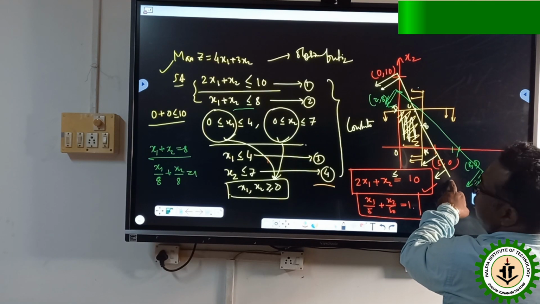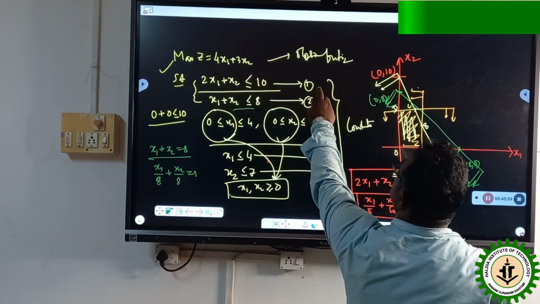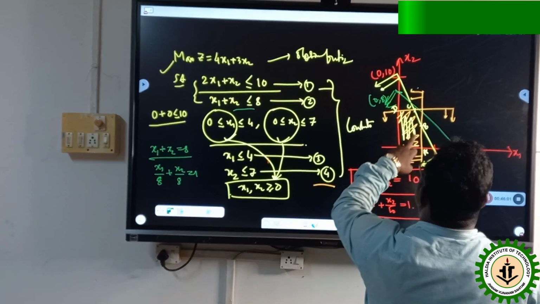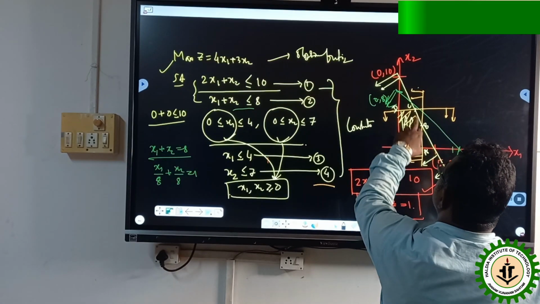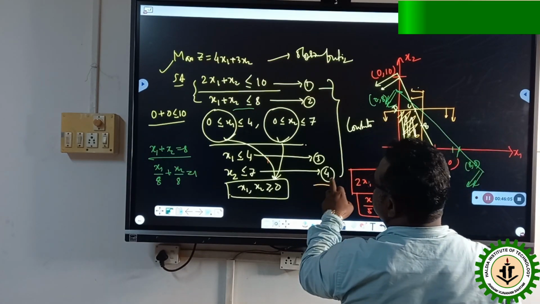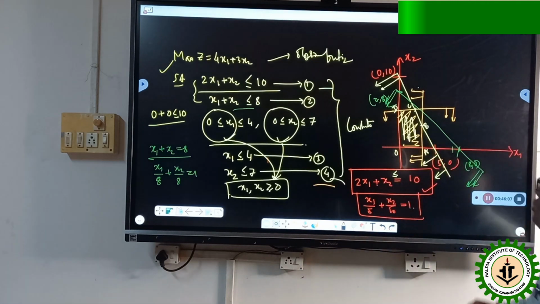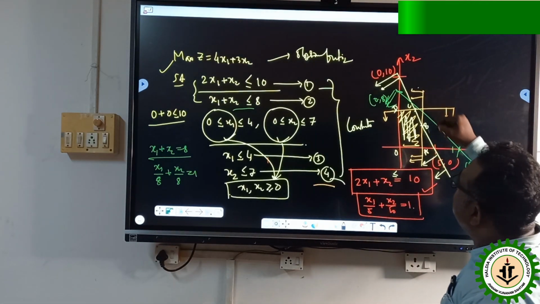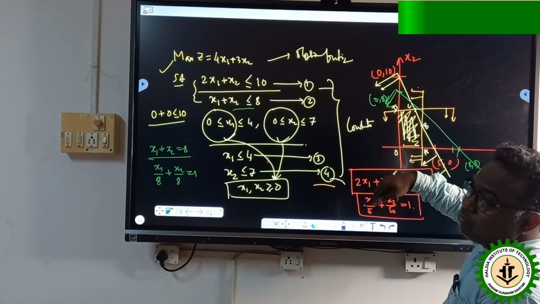This is your equation number 1, and you have to solve it with equation number 4. We will see which straight line is represented and from which equation you are getting this.